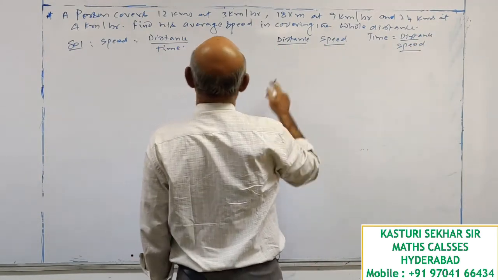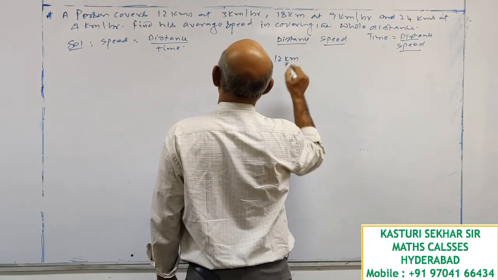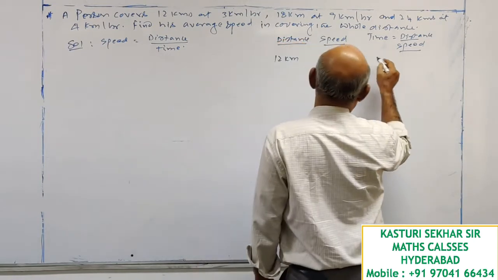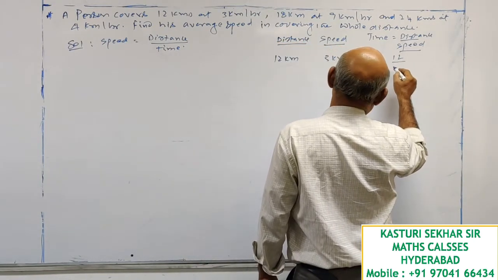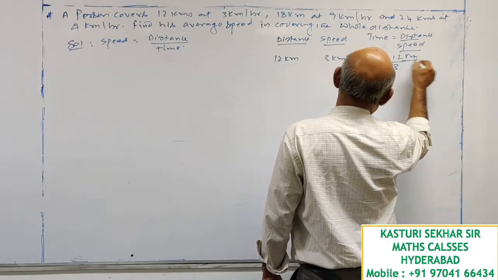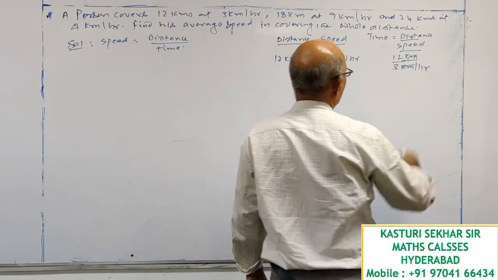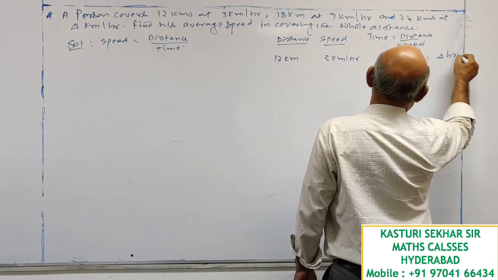First, 12 kilometers at 3 kilometers per hour: 12 by 3, kilometers cancel, 4 hours.